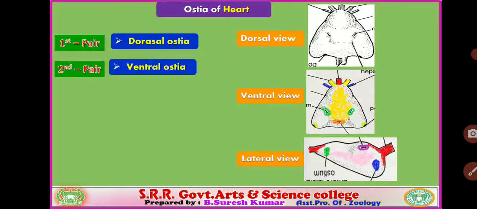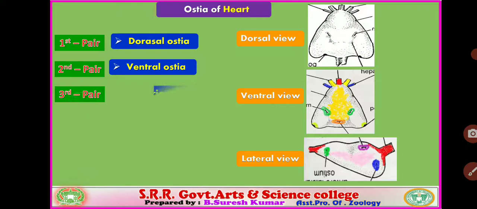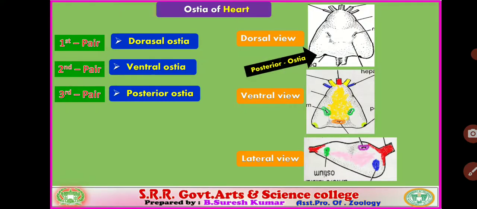The second pair, ventral ostia. You observe the ventral view of the heart, where prominent green color spots are marked, so they are ventral ostia. Alright, right. Next, the third pair, posterior ostia, present at the posterior side of the heart. So you observe the dorsal view diagram and the back side, the posterior side, one on either side, two posterior ostia are present.